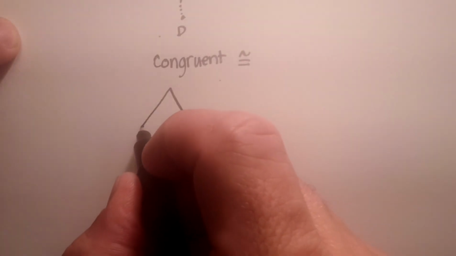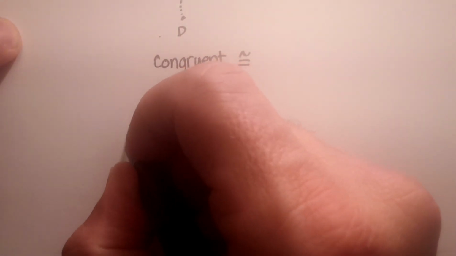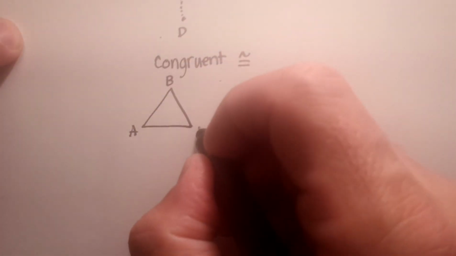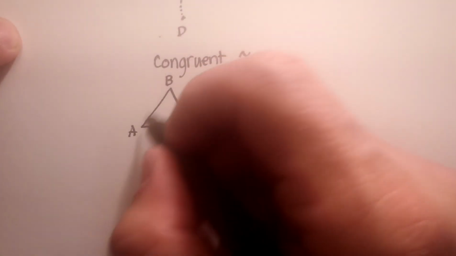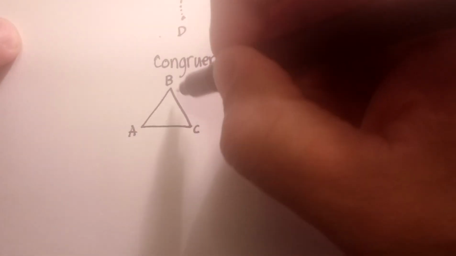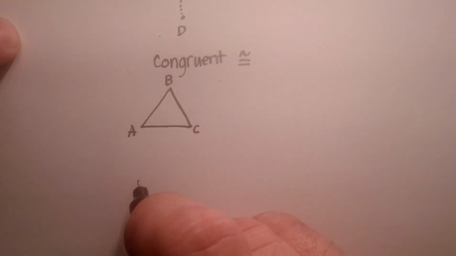If I were to draw a triangle with 2 of the sides equal, it kind of looks like all 3, but let's say this is triangle ABC. And let's say that this line segment and this line segment are exactly the same length. And let's say this one's just a little longer, okay?